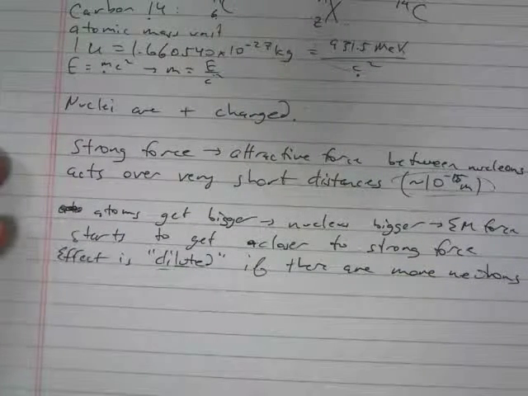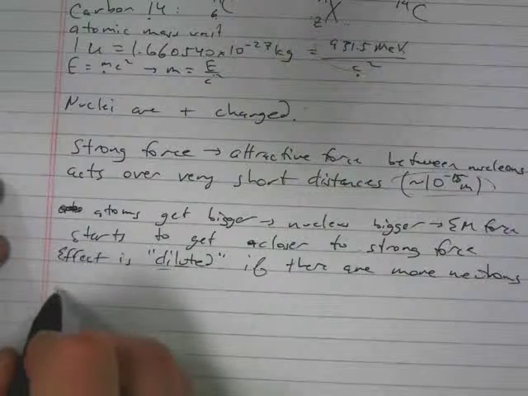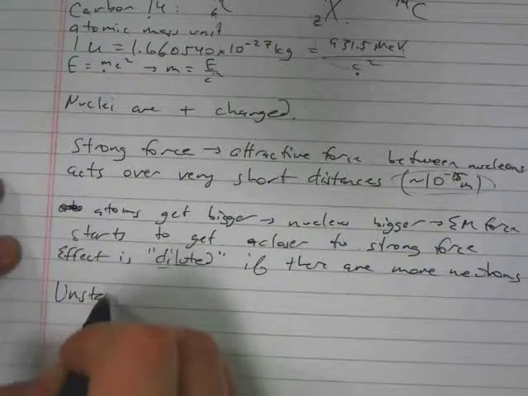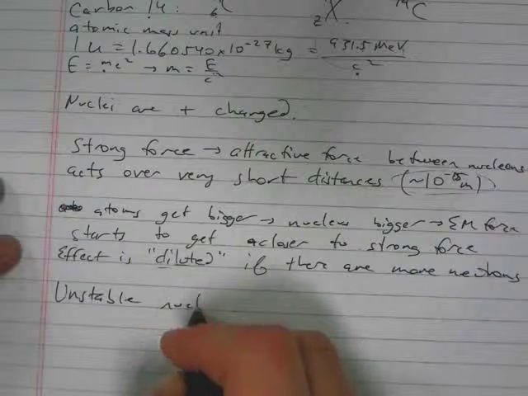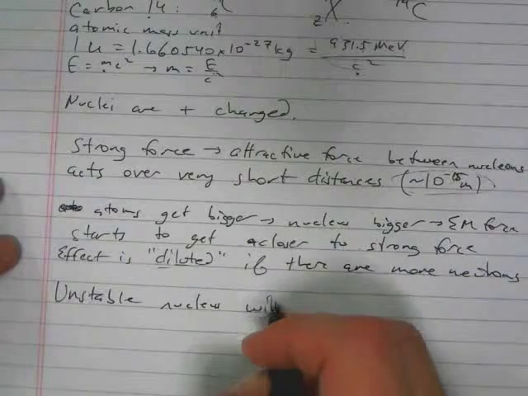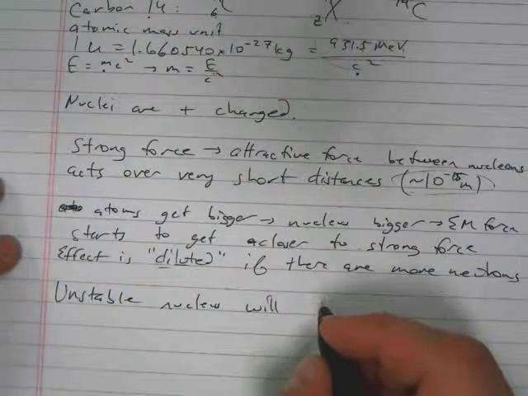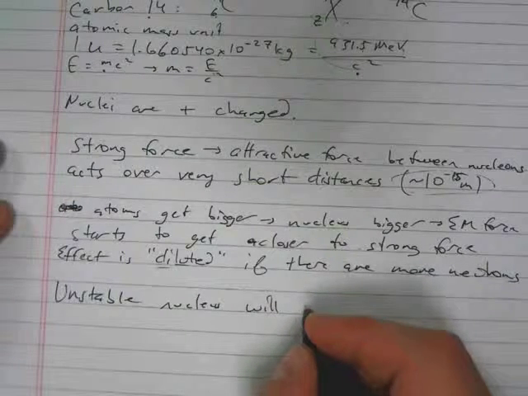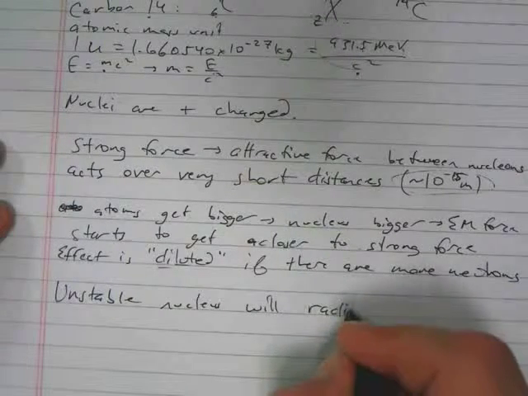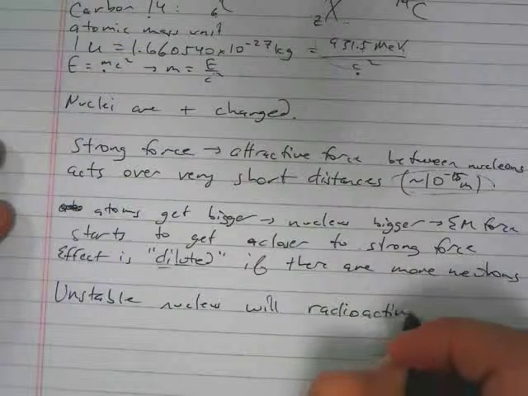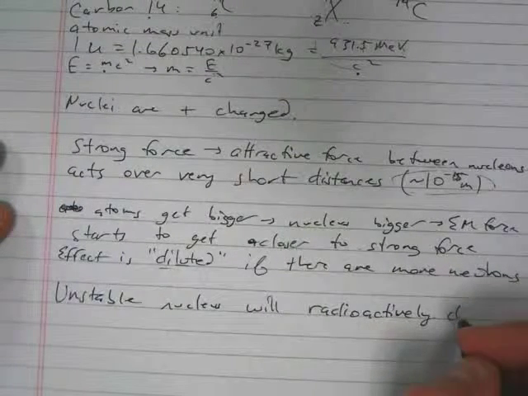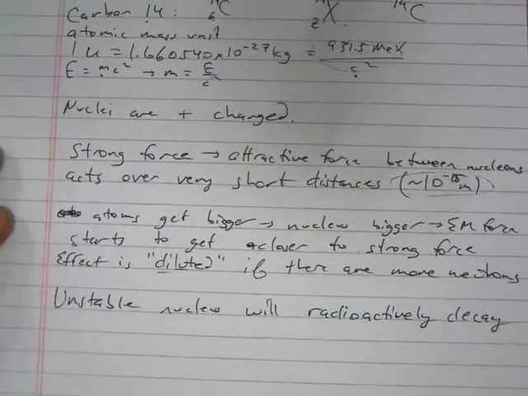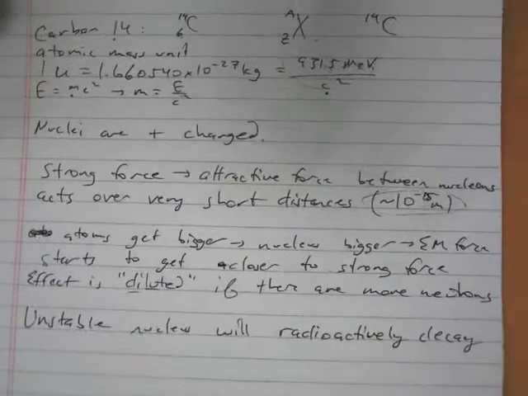And as it happens, an unstable nucleus will have some form of radioactive decay. It will radioactively decay in some way or another, depending on what it is.